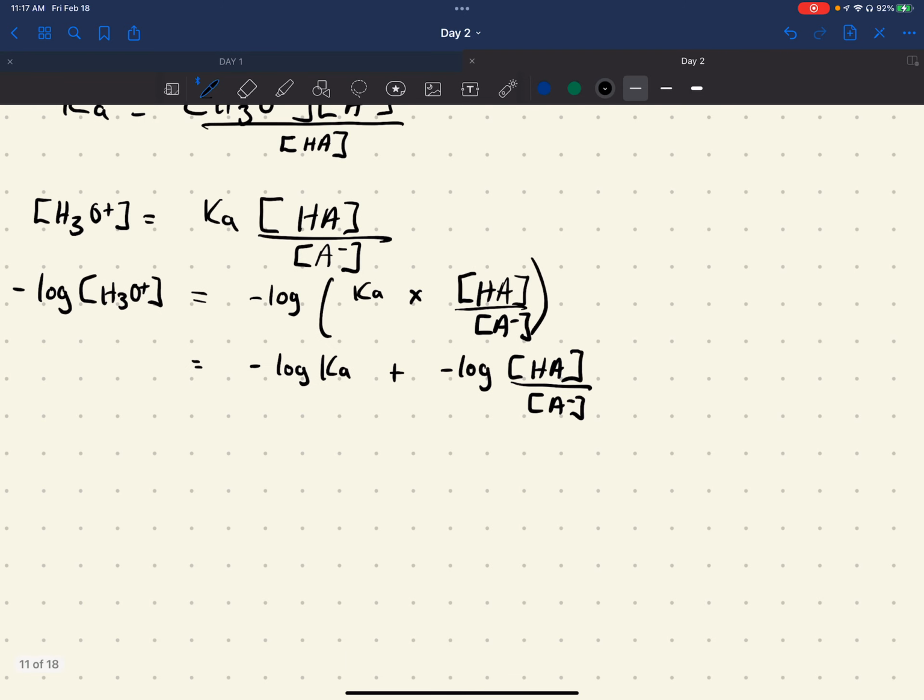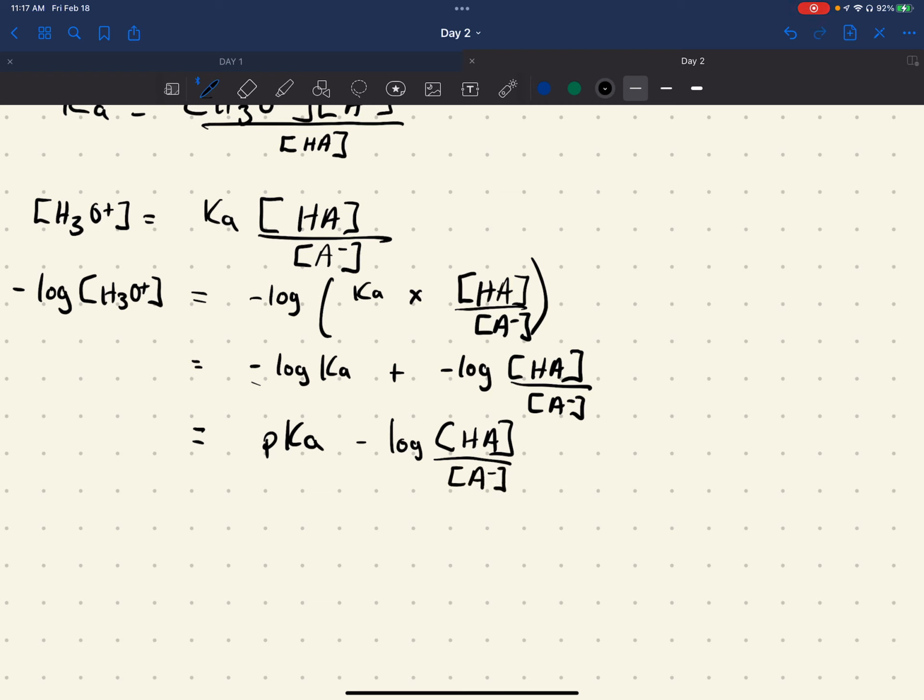Okay, so that's a log identity. If you multiply two things within the log, it's the same as taking the log of the first thing plus the log of the second thing. Now this negative log Ka, we call this pKa. And so that would be minus the log of the concentration of HA over the concentration of A minus.